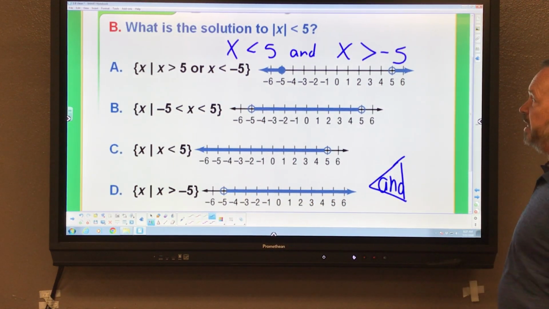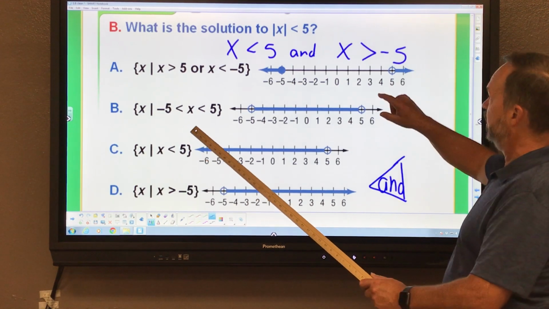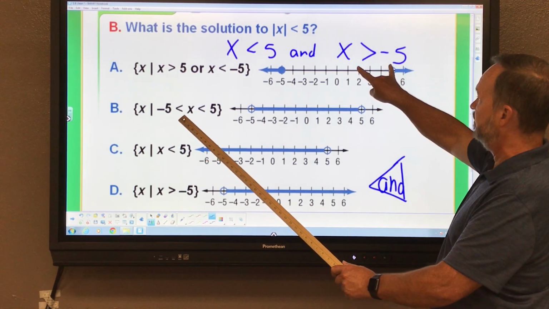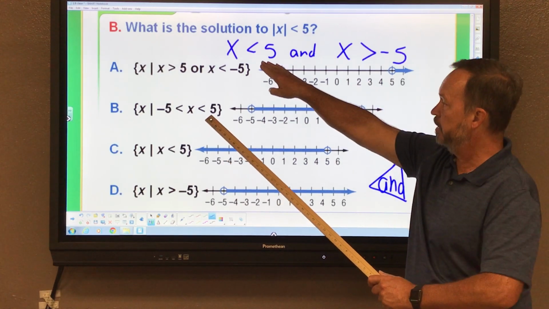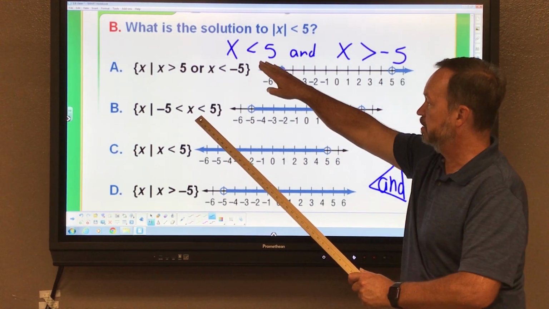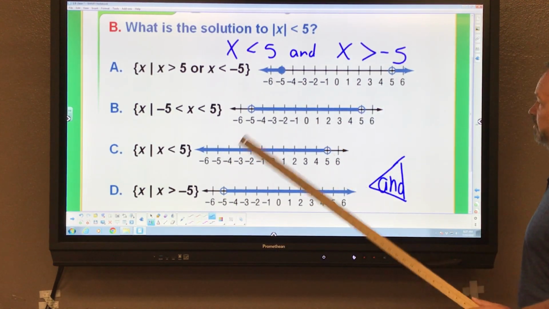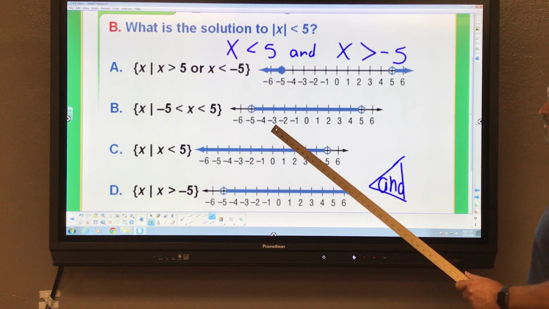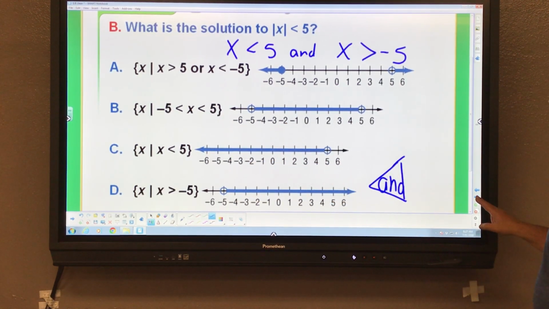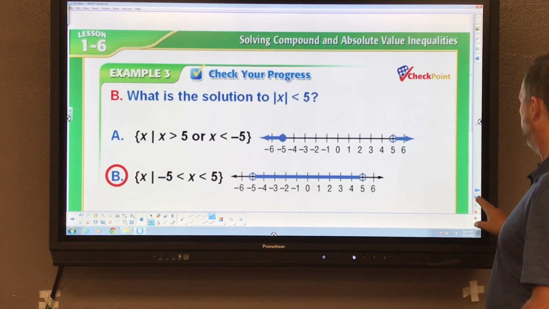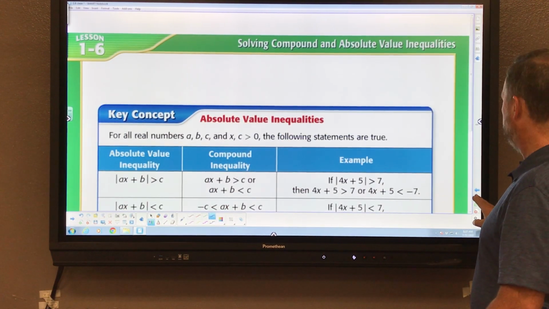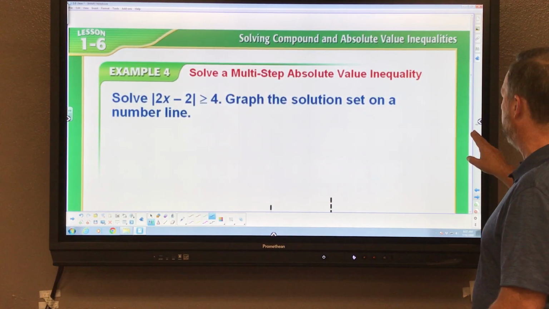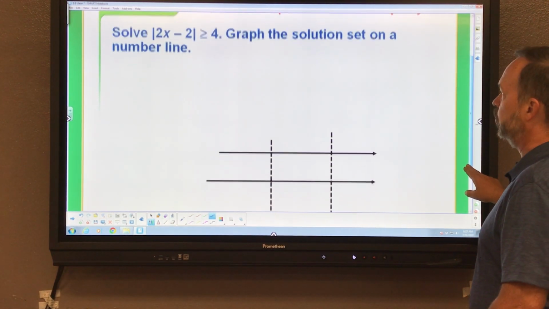I'm pretty sure it's the B answer. Look, is that not that first piece over there? And is that not the second piece? Yeah. And it's the stuff in between -5 and 5. So that's the graph. We could do the 3 graphs and see how that works. Hopefully you can manage that with what you've already seen. So that's sort of the picture we're dealing with here.